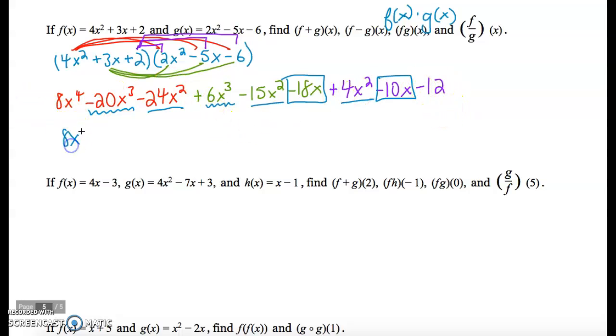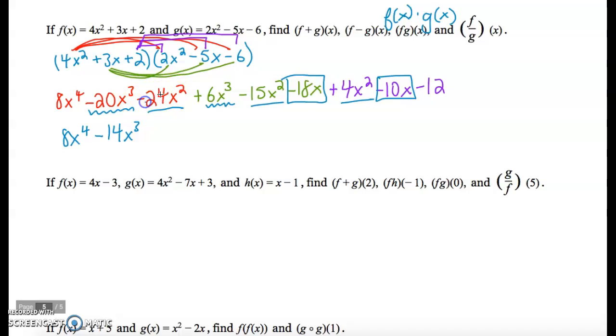So 8x to the fourth is just chilling on its own. For my cubes, I have negative 20x cubed plus 6x cubed, which will give me negative 14x cubed. And then for my x squareds, I have negative 24x squared plus 4x squared, which will give me negative 20x squared. Oh no, and my minus 15. Hold on.